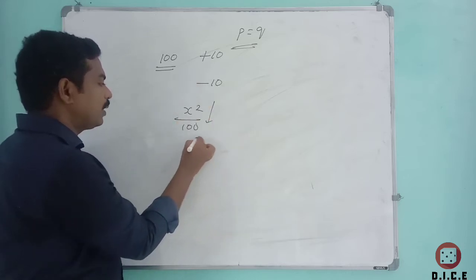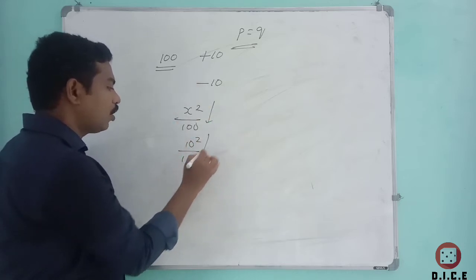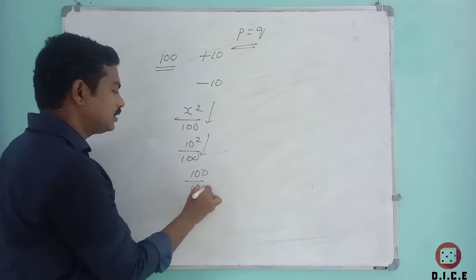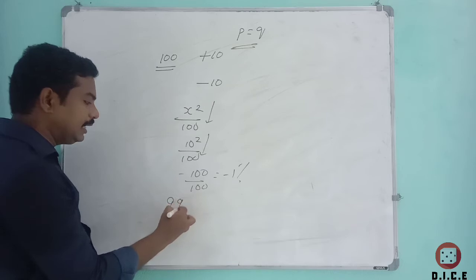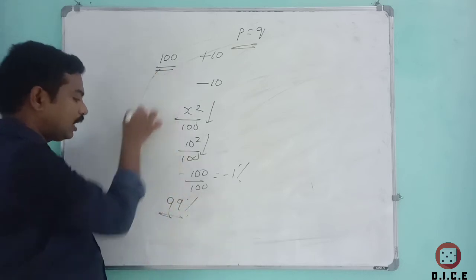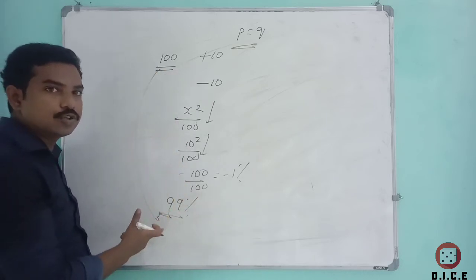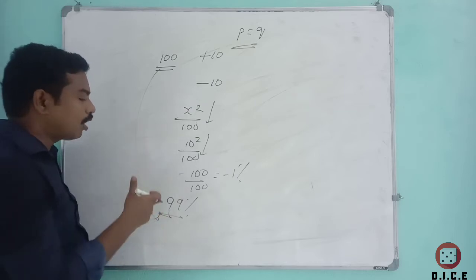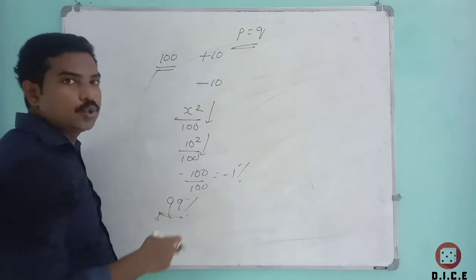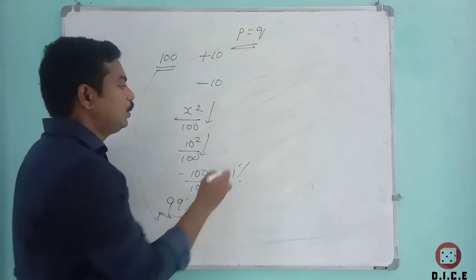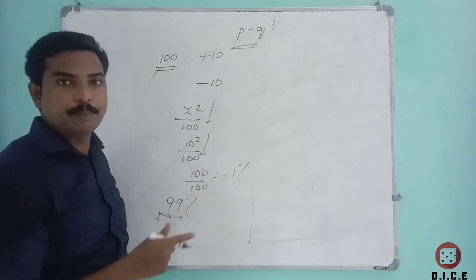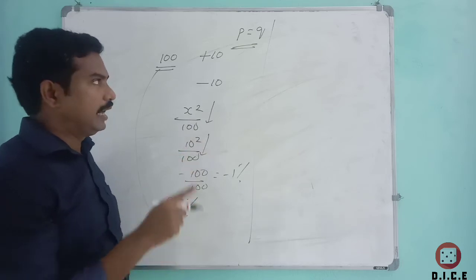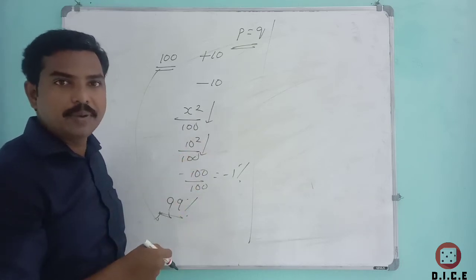Therefore, that is 10 square by 100, that is always a loss. 100 by 100 is nothing but minus 1%. So 100 minus 1, that is 99. Our figure should remain the same in the later case also, but it is not matching here. So P is equal to Q is the wrong answer. By seeing this, it is very clear that P should be greater than Q.